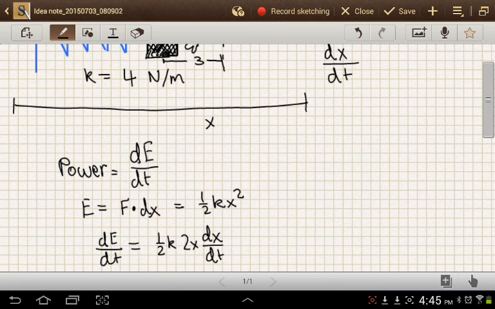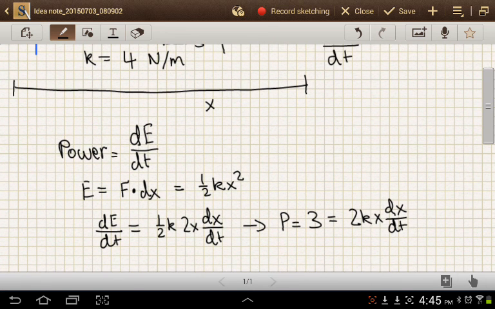At this point, this problem just becomes a simple substitution problem. So we get dE/dt, which we know is also the power, which is 3 watts. And we know that this simplifies down to 2kx dx/dt.